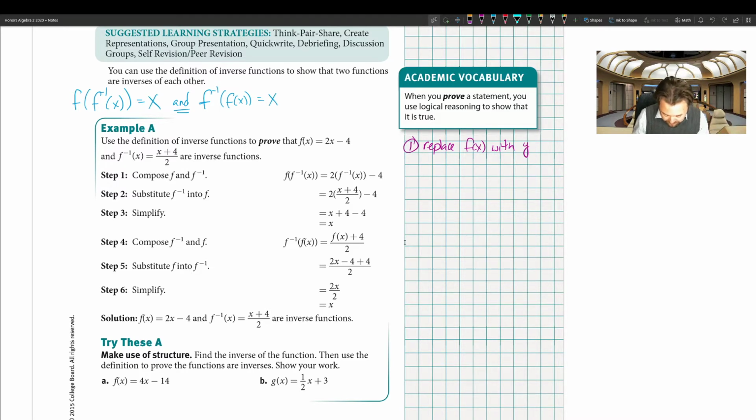Step two, we swap x and y. Everything stays the same, we just change the location of x and y, flip-flopping them. Our third step is to solve for y. If we do this correctly, we can double check using the rule up here and verify that we've got an inverse function. So let's get started.